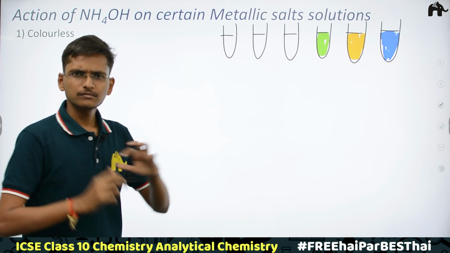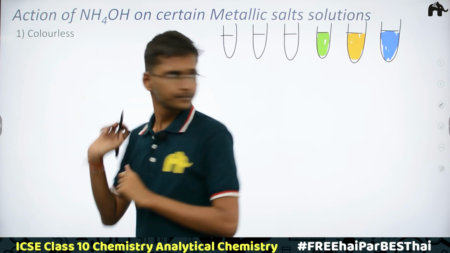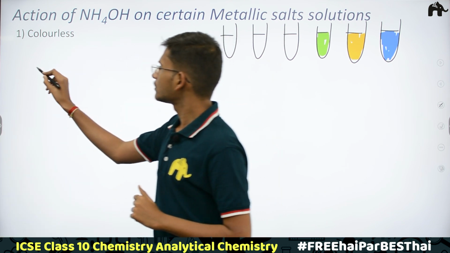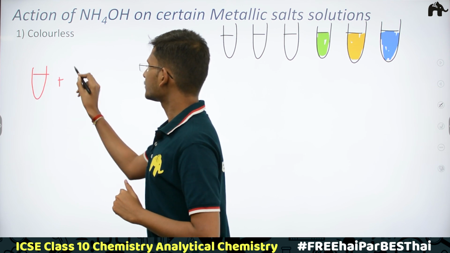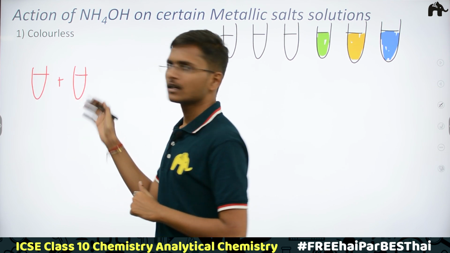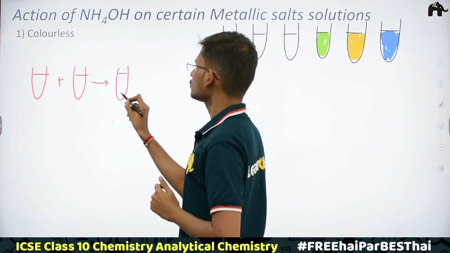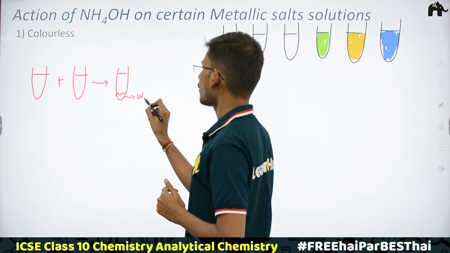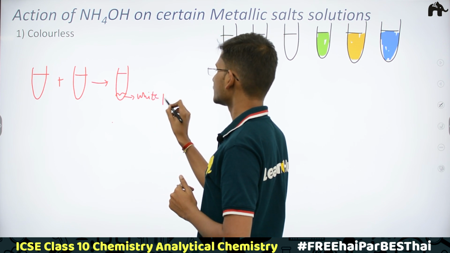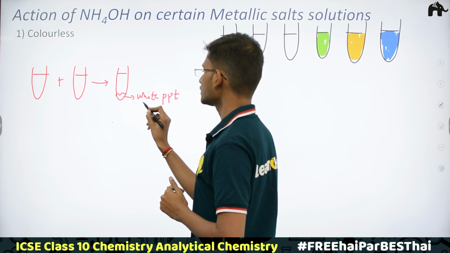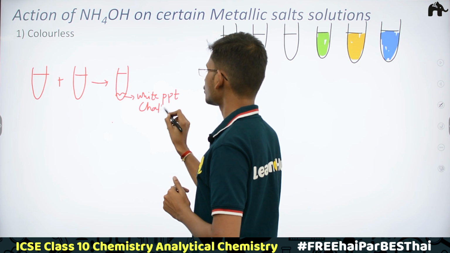So I am taking this third colorless metallic salt solution. Simply going to follow the same process, adding drop by drop NH4OH solution into it, and I am getting a colorless solution along with a white precipitate. Okay. Now here this white precipitate is chalky.